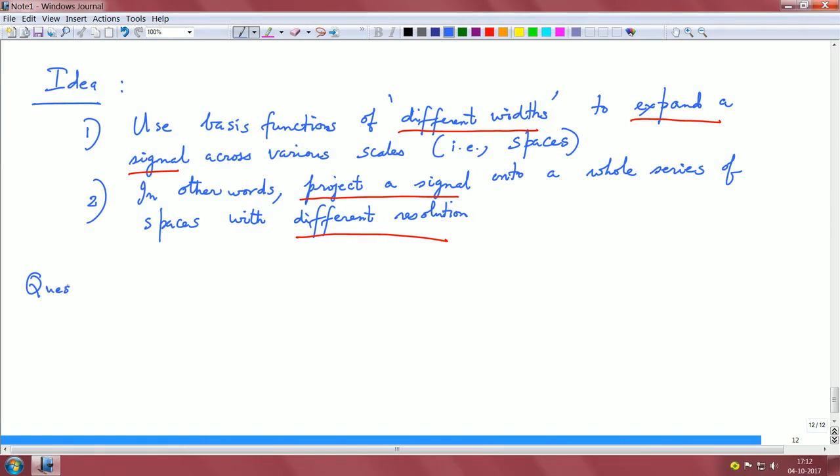Now, with this idea in mind, we may get a few questions into our mind. The first question is, can we reconstruct the signal perfectly?